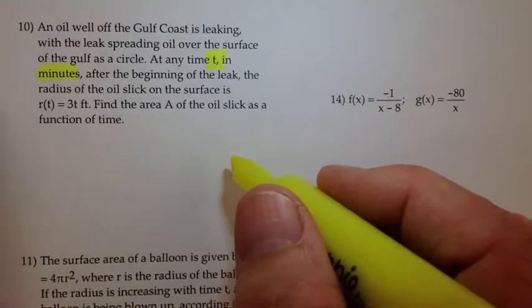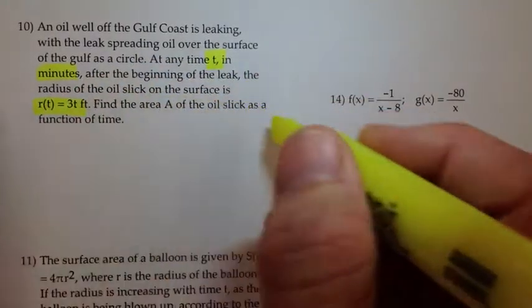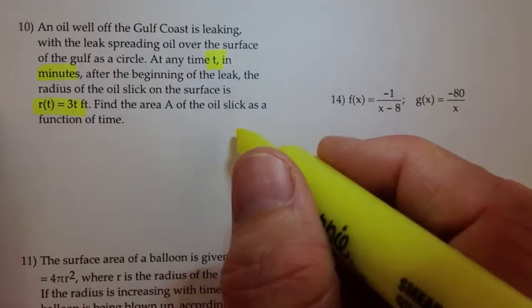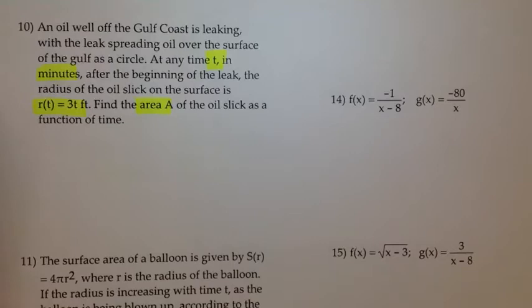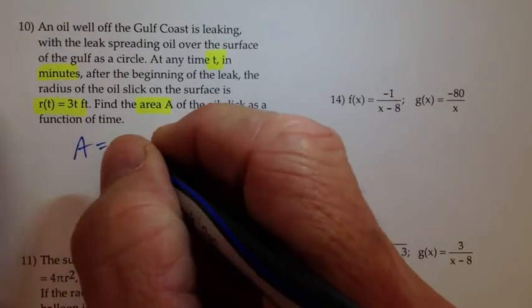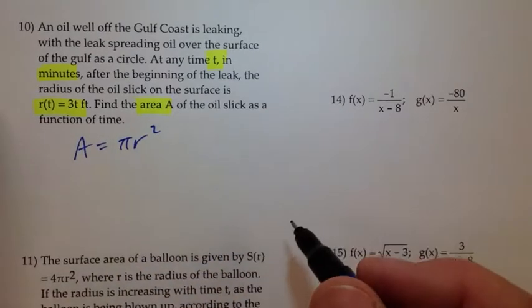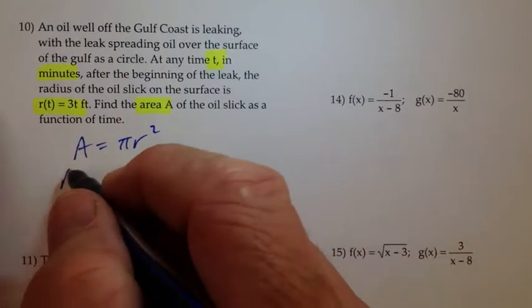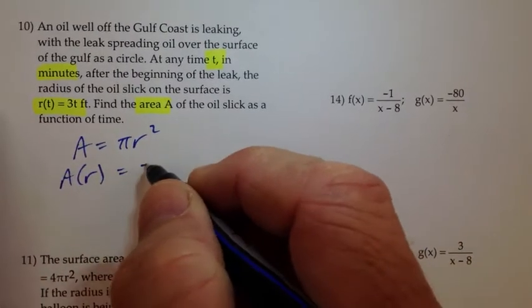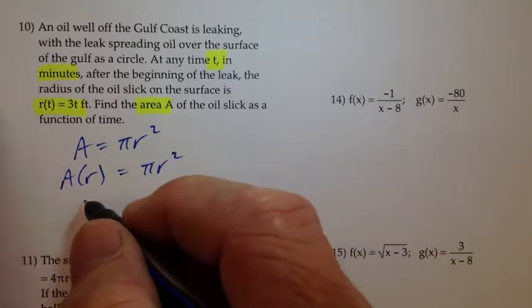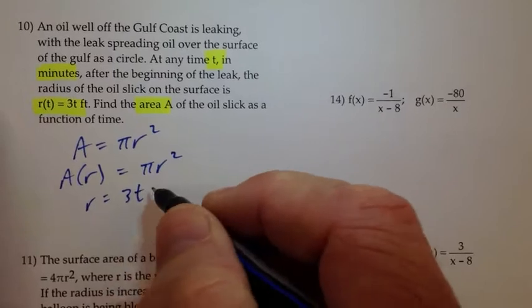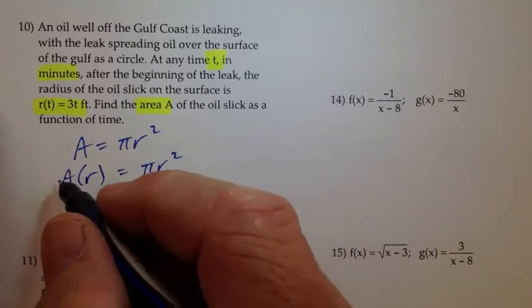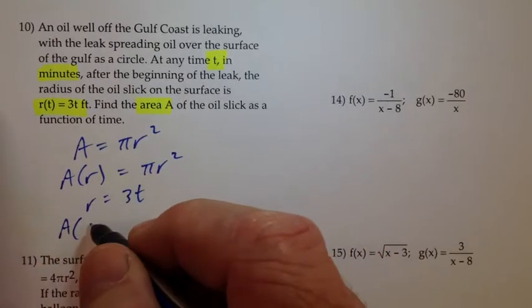So let's see if you can figure this out on your own without rewinding the video or going back to the first video. We've got the radius of this oil slick dependent upon time. Well, we know that the area is dependent upon just the radius. And if the area is dependent upon the radius, and the radius is dependent upon time, then we can just write the area in terms of time.